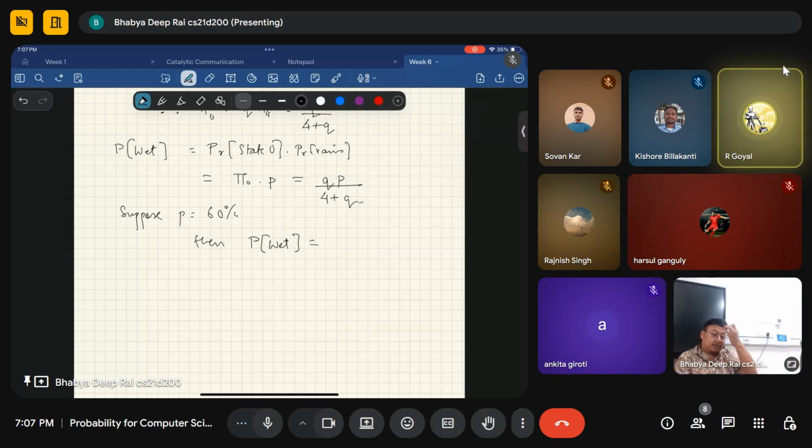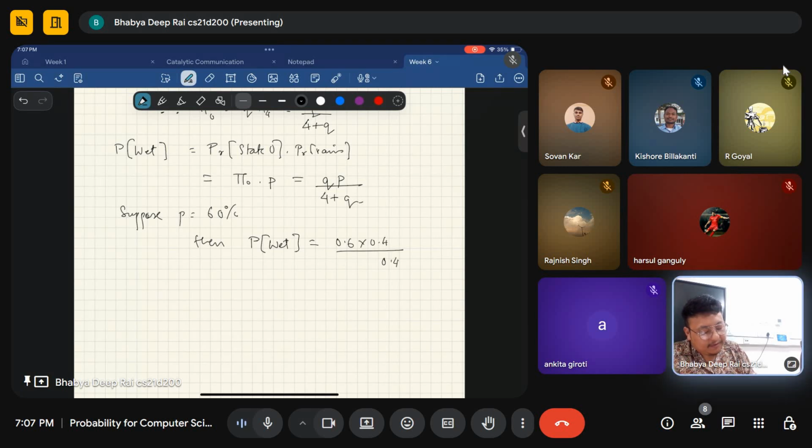So if p is 0.6, then q is equal to 0.4, and let us plug these values here. 0.4 times 0.6 divided by 4.4. So how much does this come to? 0.36 divided by 4.4. Right?